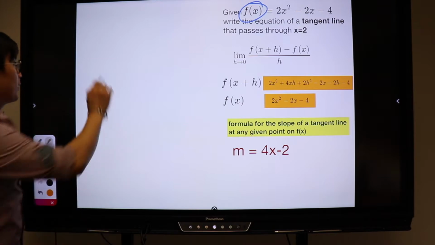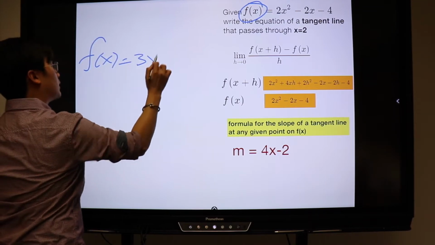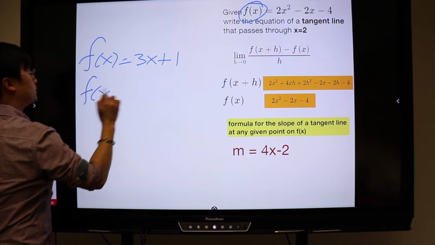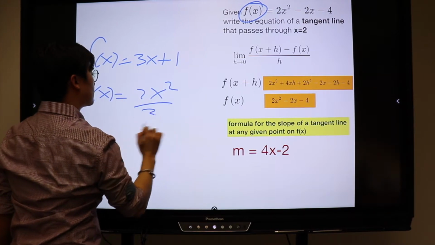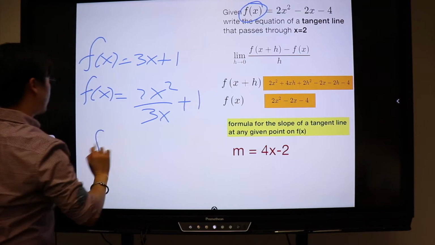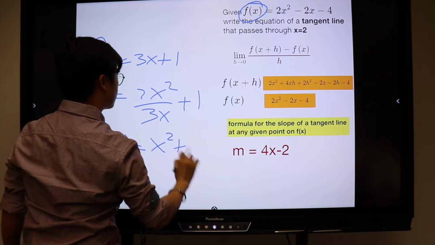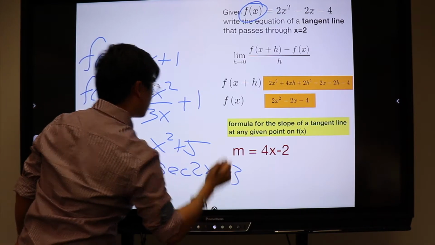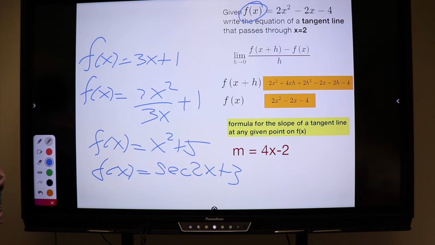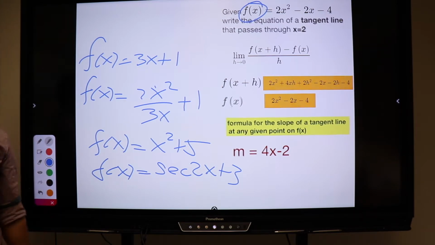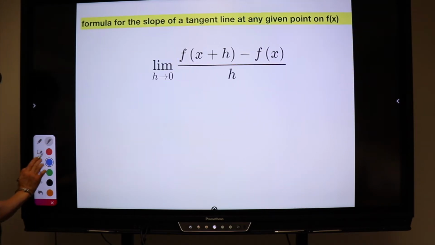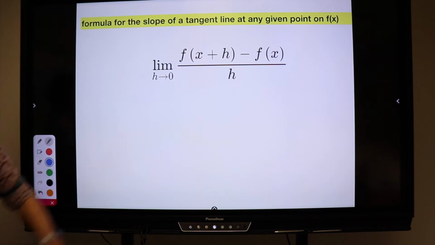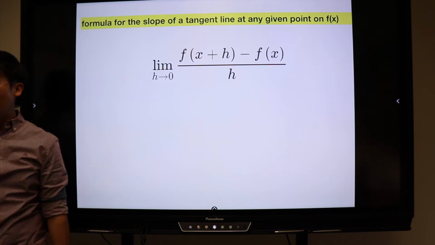So if you are given a function and you're asked to find the tangent line of a certain function on this given point, you're going to be using that formula over and over and over again because this is the formula that will help you find your slope equation on a given function.